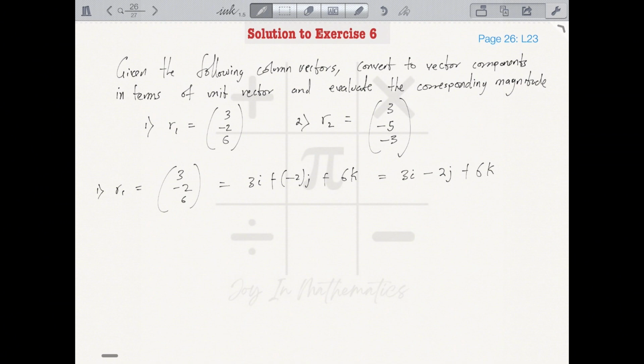However, to establish more understanding, r1 being (3, -2, 6) can be written as 3 times the column vector of i, (1, 0, 0), minus 2 times the column vector of j, (0, 1, 0), and plus 6 times the column vector of k, (0, 0, 1).